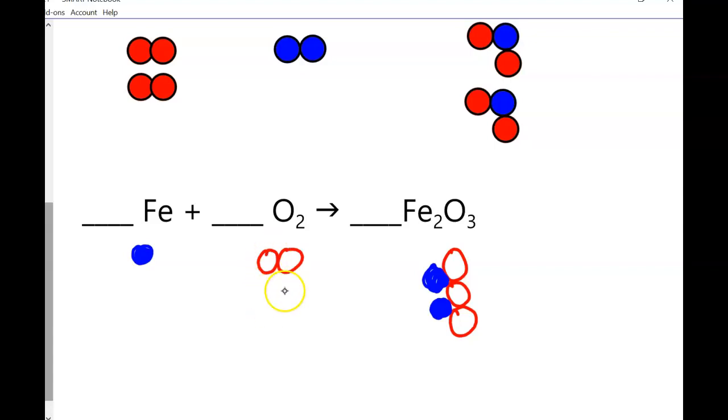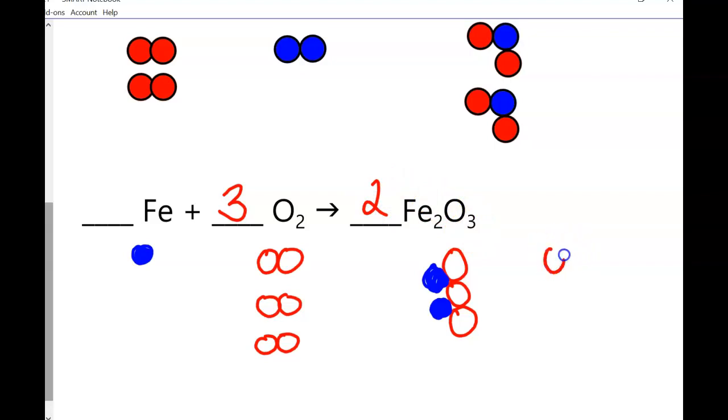So I'm going to go ahead and multiply my O2 by 3. And that will give me 1, 2, 3, 4, 5, 6 atoms of oxygen. Now I'm going to need 6 atoms of oxygen on the right side. So I'm going to multiply this, since I have 3, by 2.